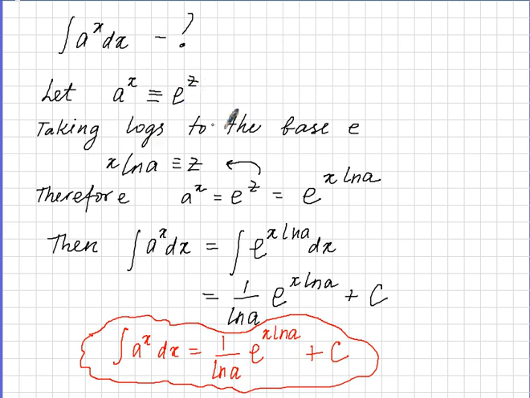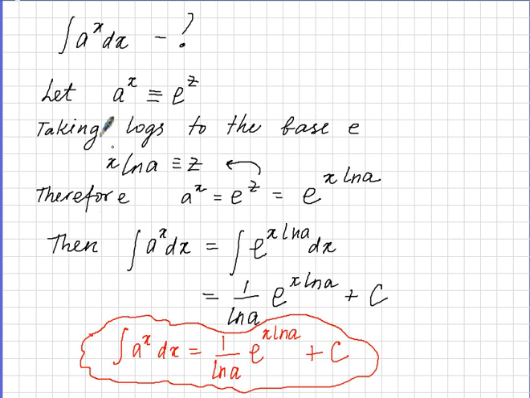Taking logs to the base e, we have x ln a equals z. Therefore, that a to the power of x, which is e to the power of z, is going to be e to the power of x ln a. That's because that's what we have found, that z in fact is x ln a.